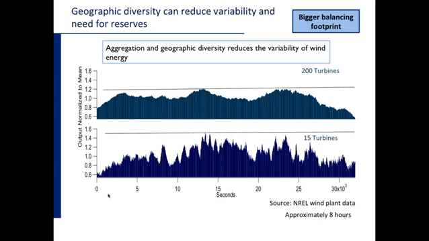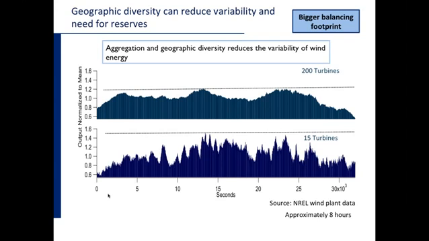This particular data came from a wind plant in Minnesota, which is more or less in the north central part of our country. And we had two different strings of wind turbines. One string of 15 turbines, and you see a graph of the 15 turbines at the bottom that I'll talk about in a second. And then we had another group of 200 turbines.